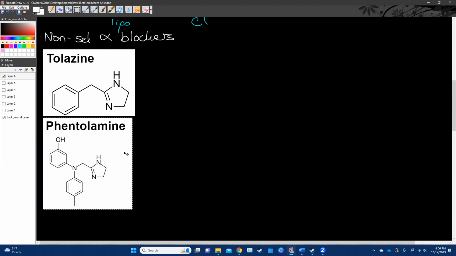What we notice about these non-selective alpha blockers is that they have our imidazoline backbone, which, as we know, is going to give us alpha 1 and alpha 2 selectivity.